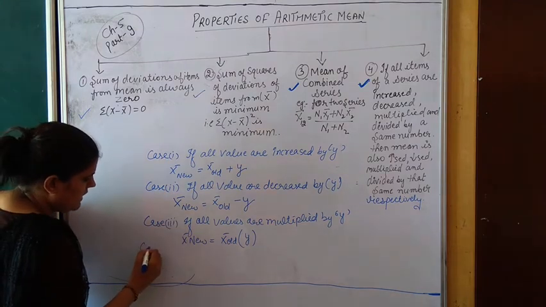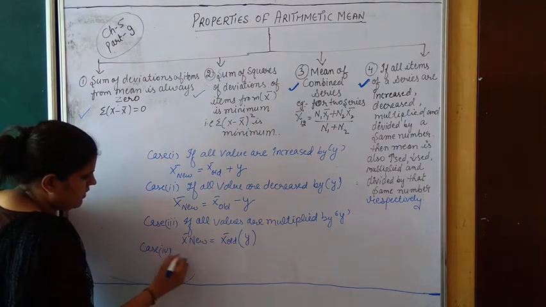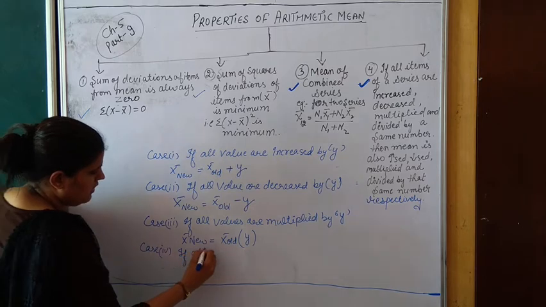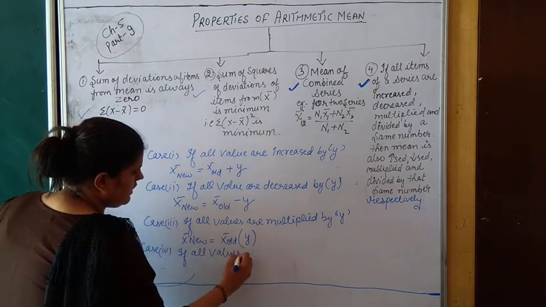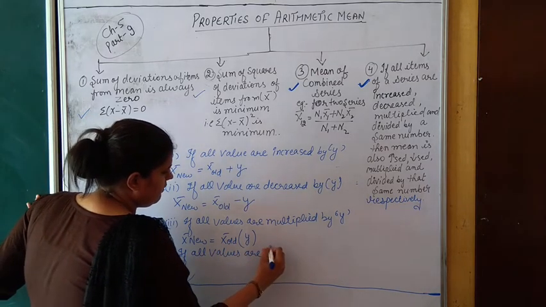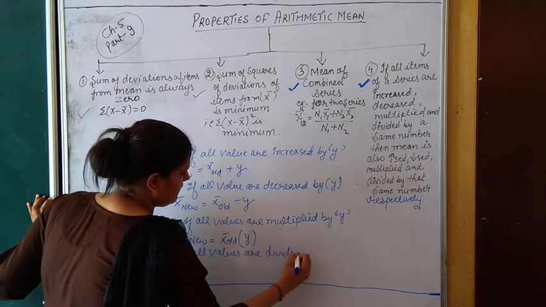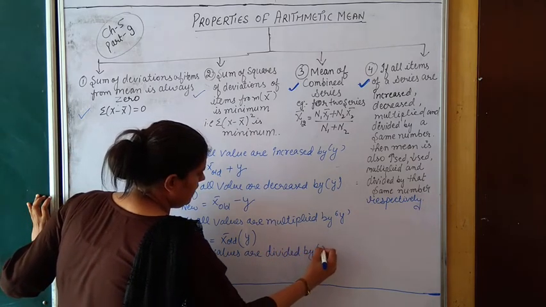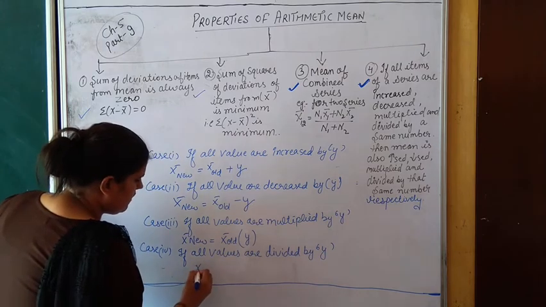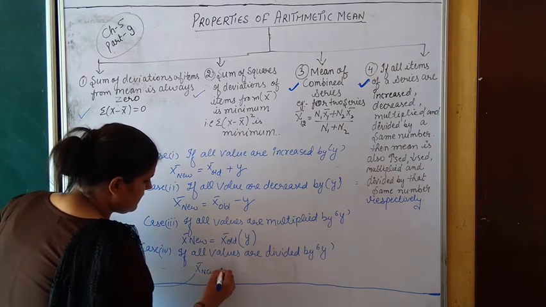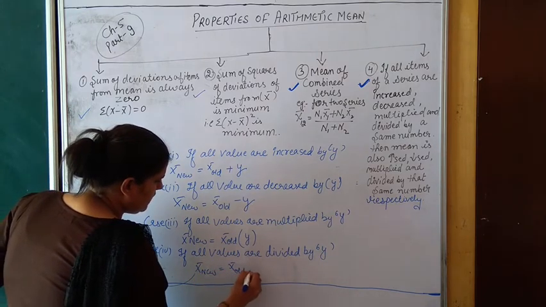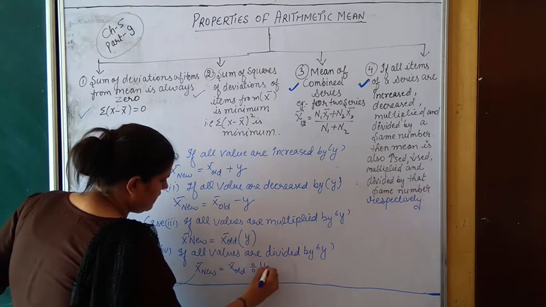And in case 4, that is if all values are divided by y, then our new mean will be old mean divided by y.